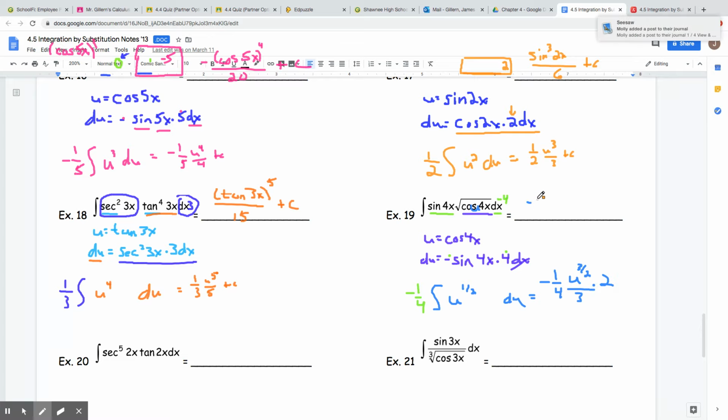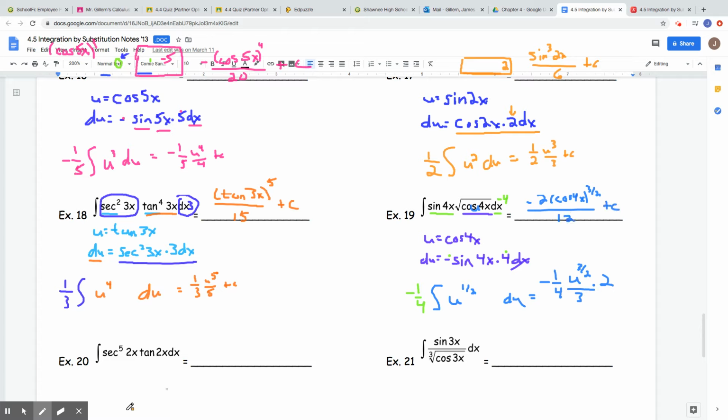So I get negative 2 parentheses cosine 4x to the 3/2 all over 12 plus c.